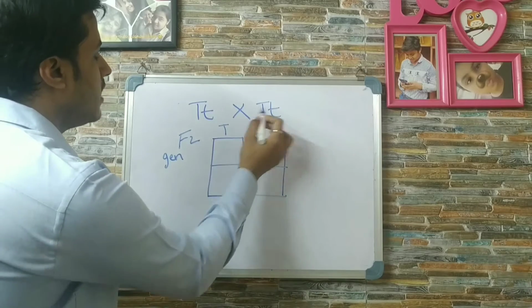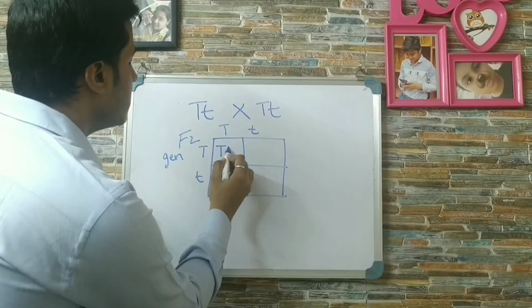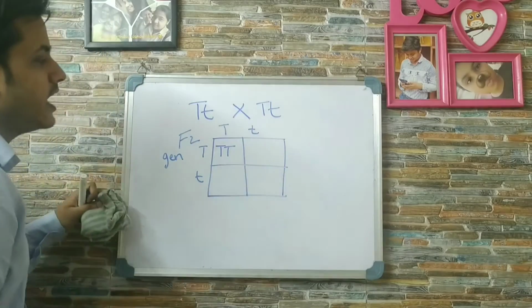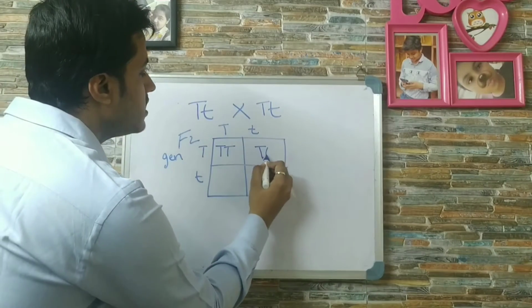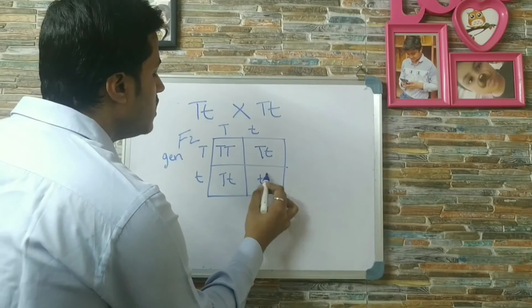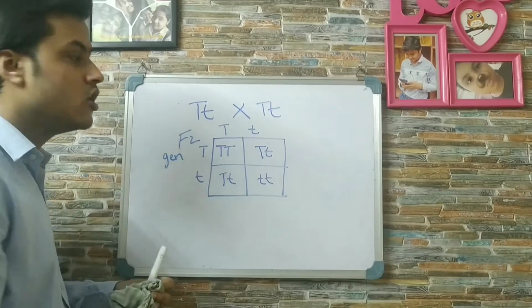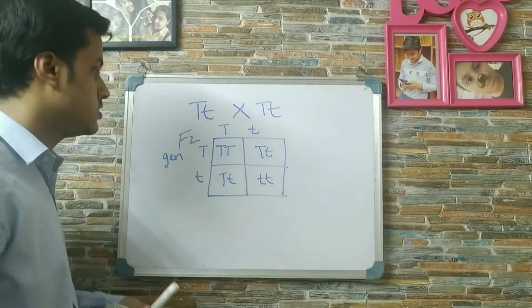Write this on top and the second one here. Now if you put together things, it will be capital T capital T, capital T small t, capital T small t, and small t small t. Now this is the F2 generation for the hybrid cross.